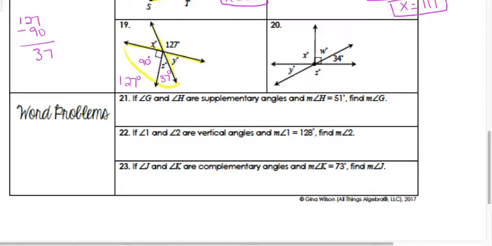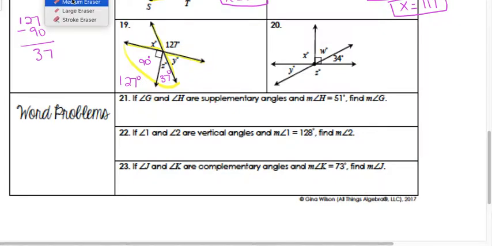So now we need to find X and Y. Well, I know that they're going to be the same because they're vertical. So how we find that one is, let me get rid of all this highlighter stuff, if I can do it without erasing everything I've done.